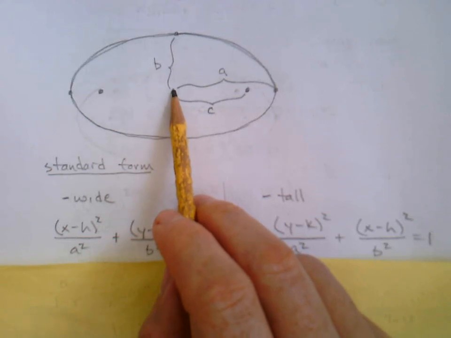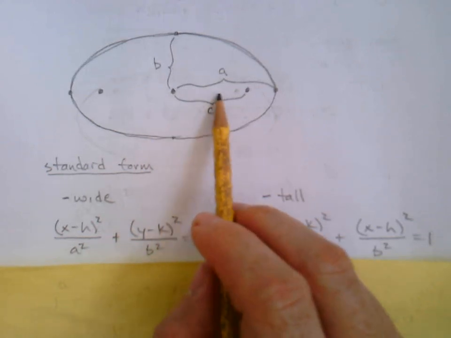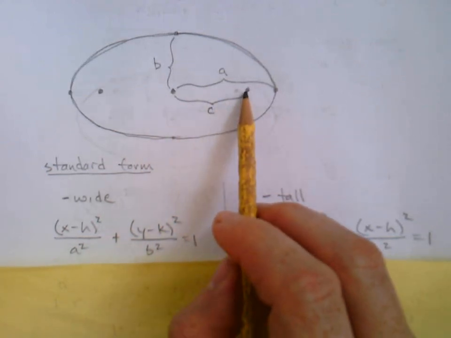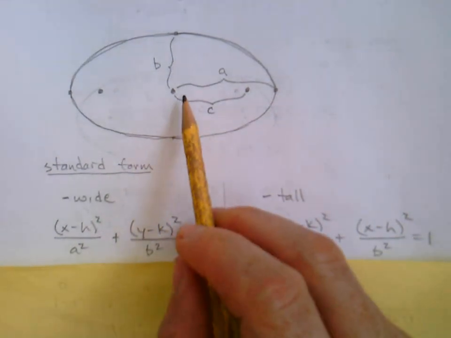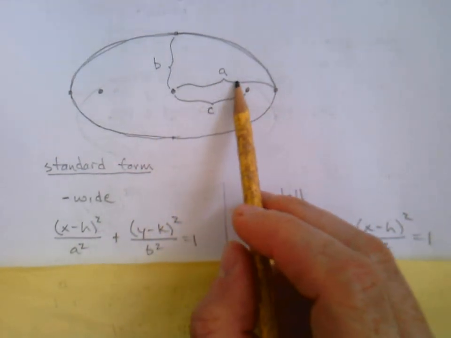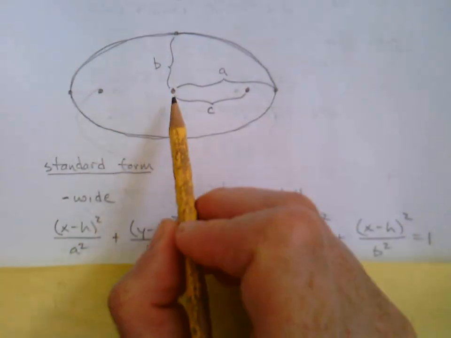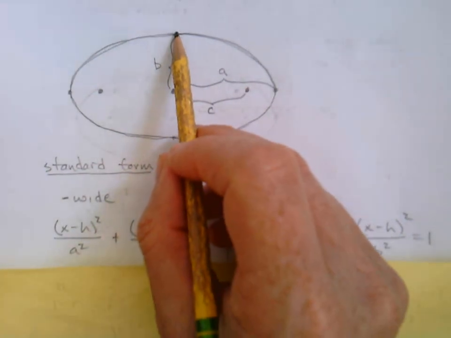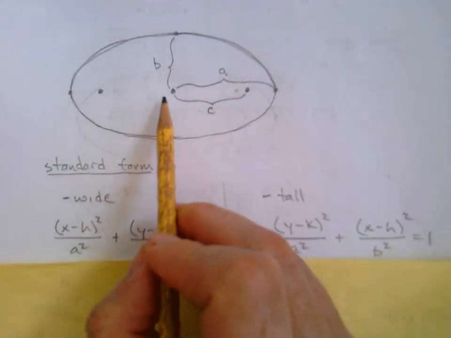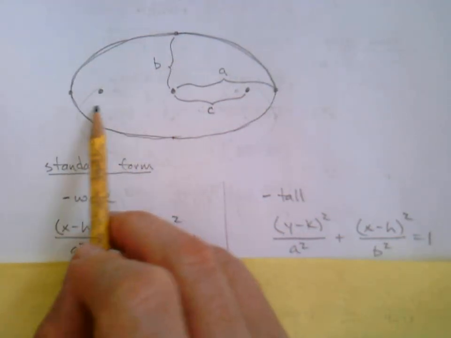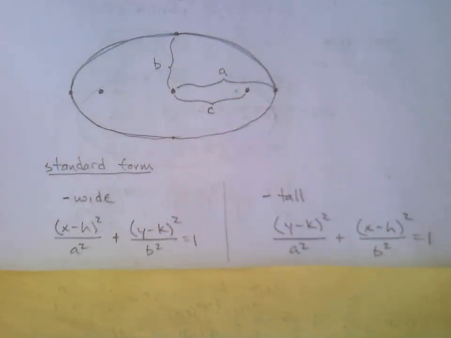The distance from the center to the foci we call C. The distance from the center to the vertex over here on this side we call A, and the distance from the center straight up to that point above it we call B. Of course, these would all be the same distances on the left side as well.